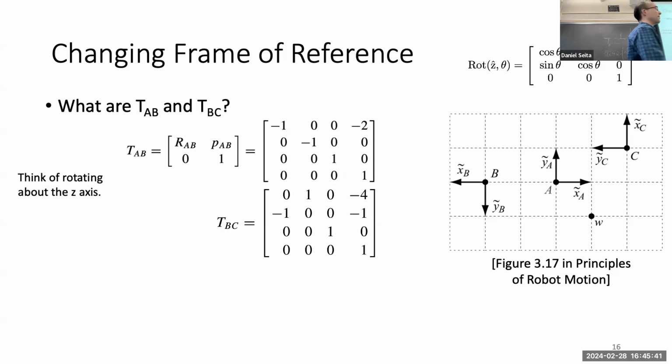Minus 90 is the same thing. So the Z points outward, like to you, and then you can do your minus 90 or positive 270.